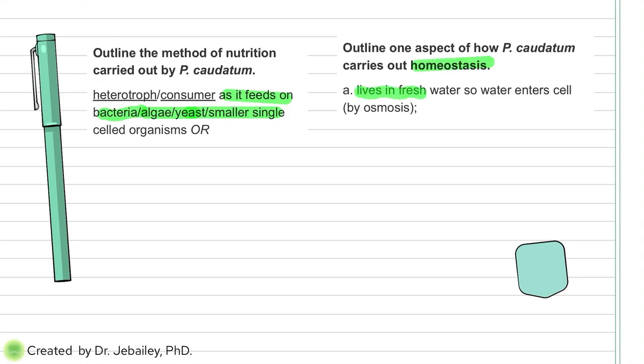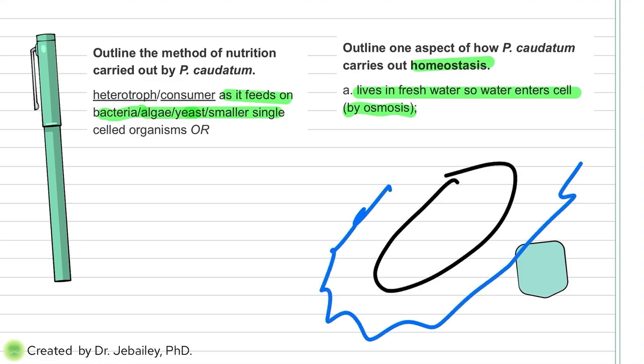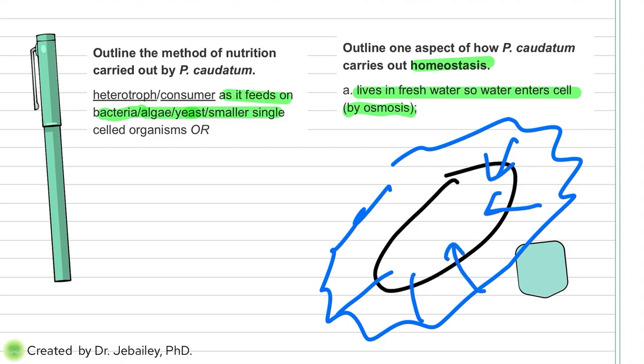On this side, what about homeostasis? It lives in fresh water, so the water enters the cell by osmosis. What does that mean? Well, if the Paramecium is surrounded by a lot of water, there's more water coming in through osmosis. Why?